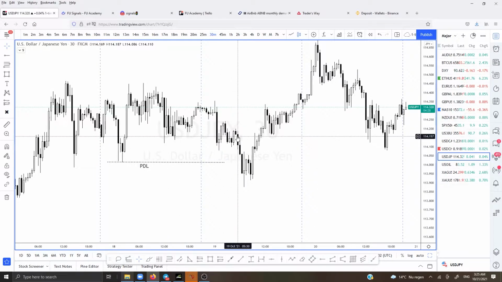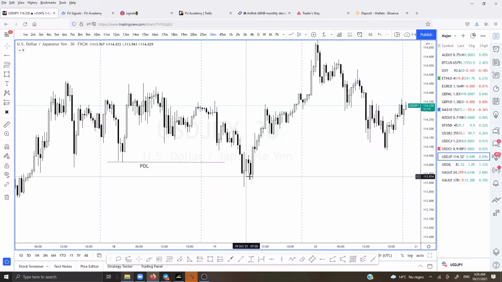So we saw the pair USD JPY came below the previous day low, and then there is a buy setup for me because that's a place where all the liquidity was swept off, and then there's a chance to go up because the liquidity still has to be taken out. So on that day we tried to find a buy setup on USD JPY.